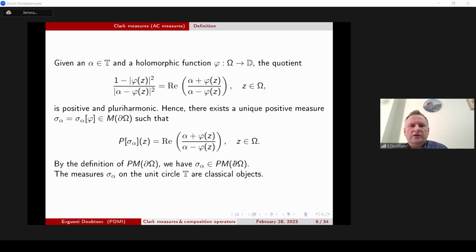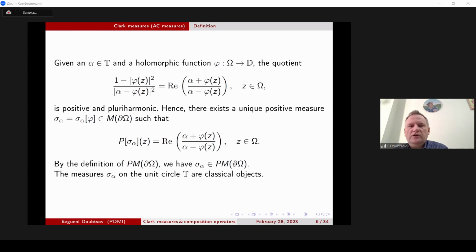If we replace phi of z by any complex number, say w in the disk, this is true. We just compute the real part in the straightforward way, and we obtain the left-hand side.